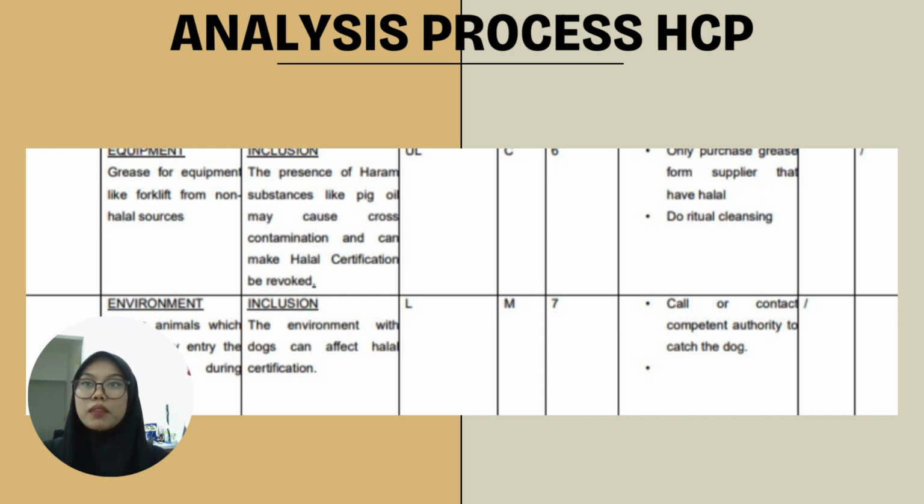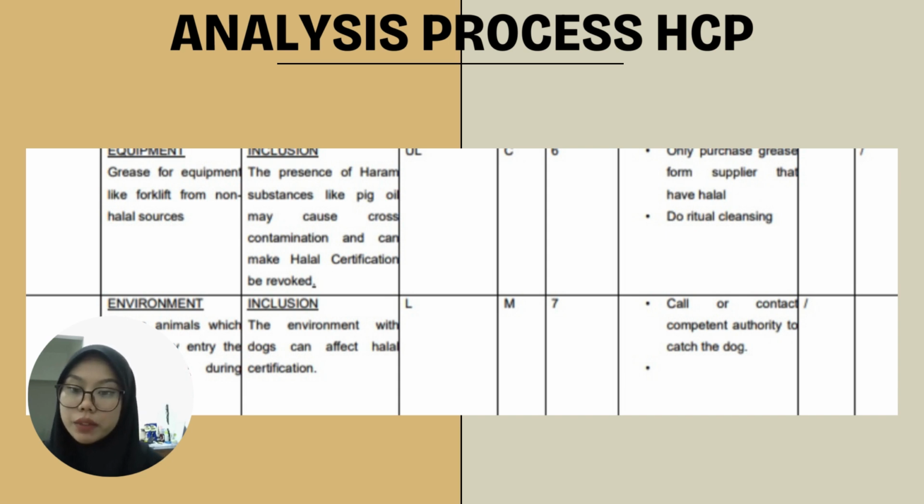The likelihood is unlikely and the severity is critical, so the risk ranking will be six. The control measure will be to only purchase goods from suppliers that have halal certification. And if this case happens, we need to do ritual cleansing, which is sertu.